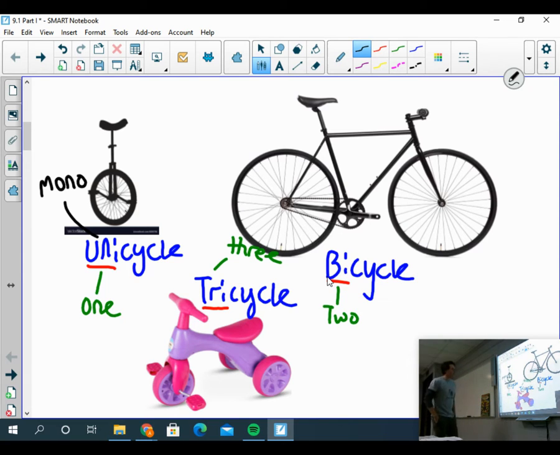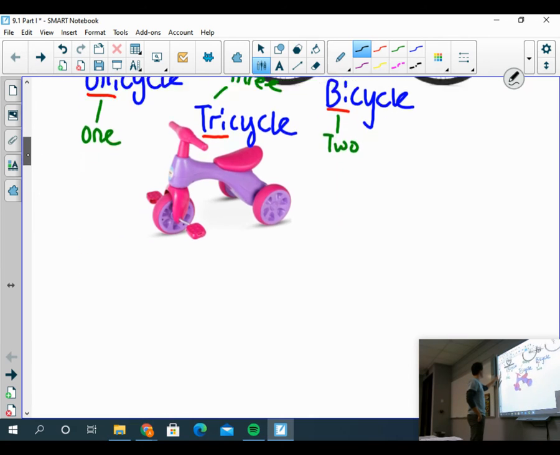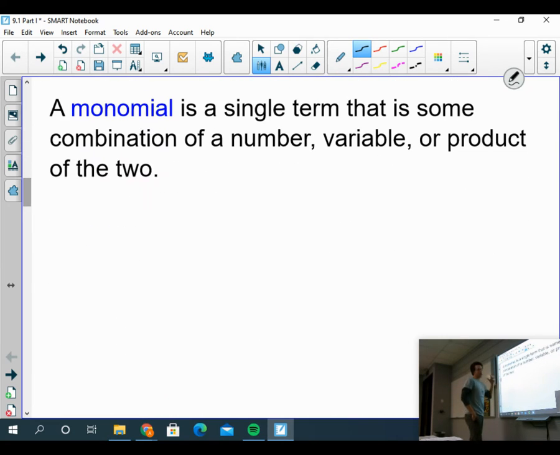Okay, so what's the point? Where we're going next is combining our knowledge of exponents and working with equations, and we're going to work with polynomials. The reason I wanted to talk about bicycles, tricycles, and unicycles is because the prefixes become important.